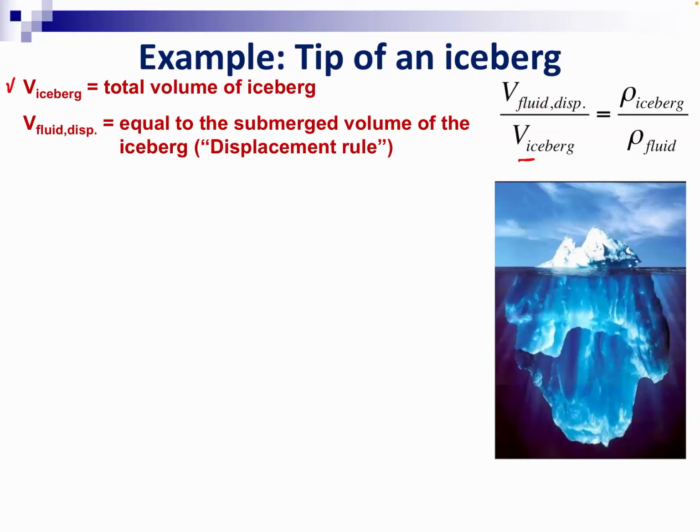So it's again going back to the question of finding the volume of the fluid displaced. This displacement rule says that if an object is fully submerged, the volume of the fluid displaced is equal to the volume of that object that's submerged. So therefore, the volume of the fluid displaced will be equal to the volume of the submerged iceberg.